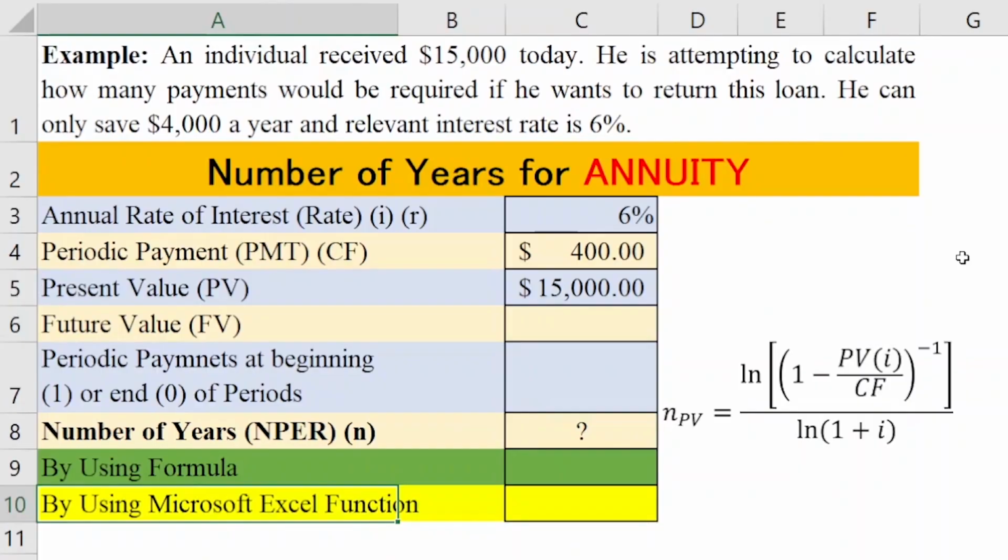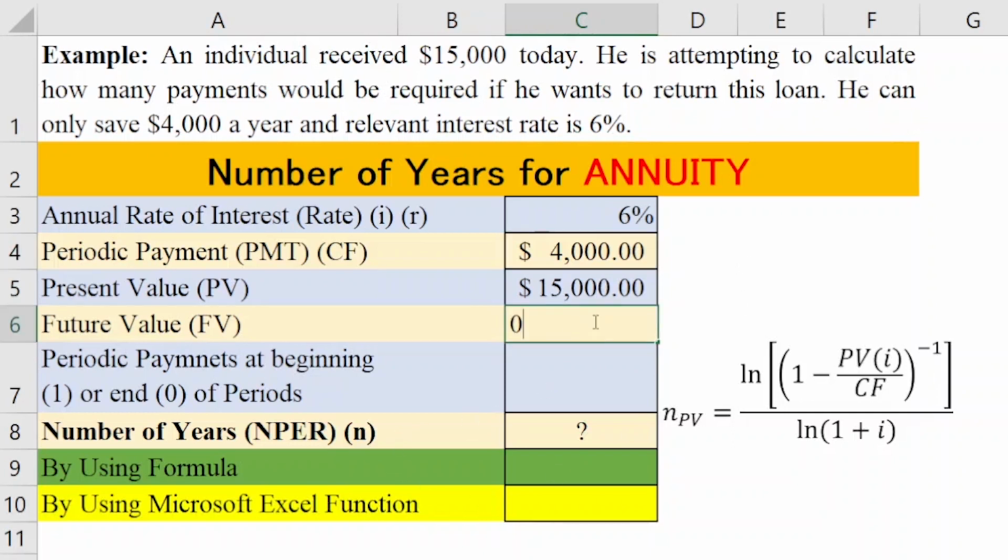So we have 4,000 periodic payments, that is the saving of the person. PV is the present value and the interest rate is 6%, and we have to find the number of years. The future value is 0 and the same payments are made at the end of the year.